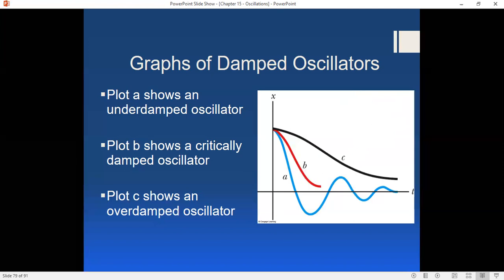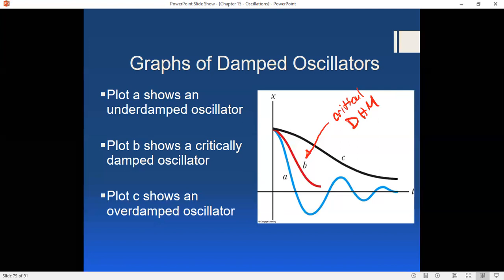Okay? Now, if I balance my frictional term with my restoring term, okay, I can get the quickest return to equilibrium, what we call critical damping, a critically damped harmonic motion. All right?